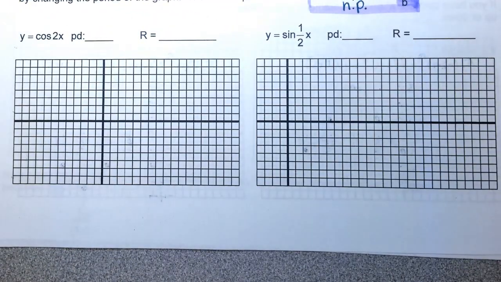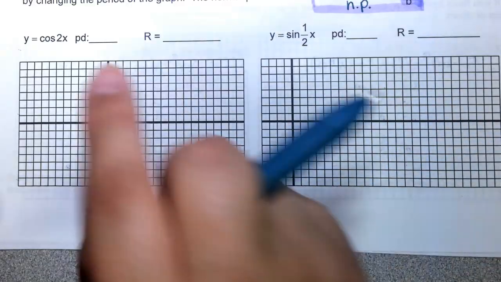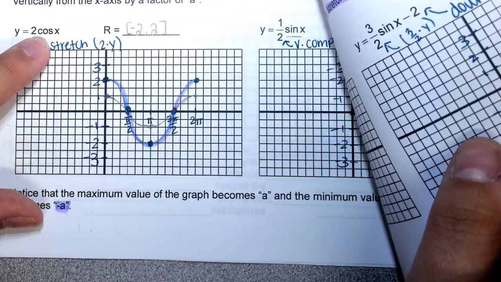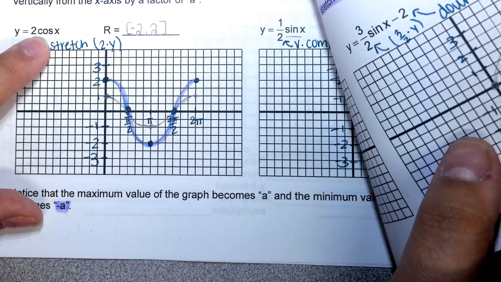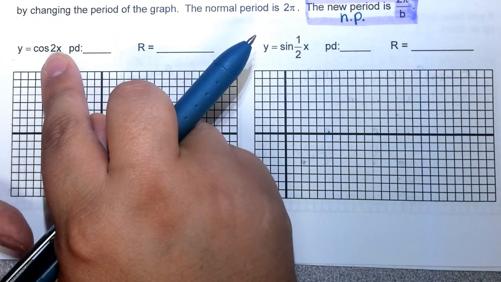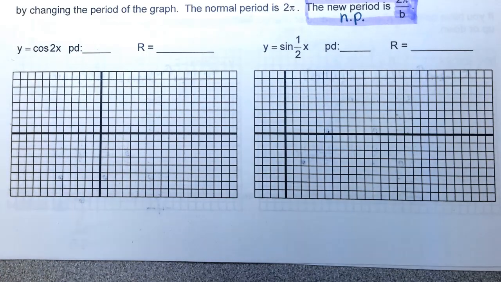Look. Right here, where is my 2? In front of cosine. Right here, where is my 2? After cosine, in between cosine and x.